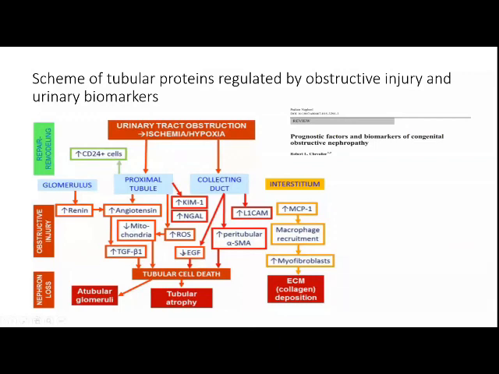Because of the increase in renal fibrosis, there is an increase in macrophage chemotactic proteins, leading to macrophage recruitment and increased myofibroblasts. So we can take the urinary biomarker MCP1, where we can see the prognosis of the kidney is bad.